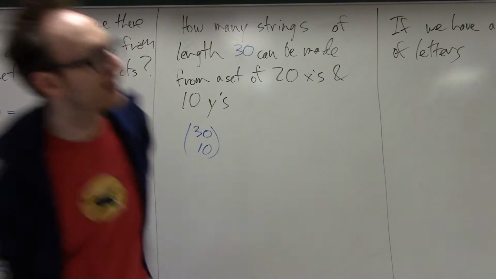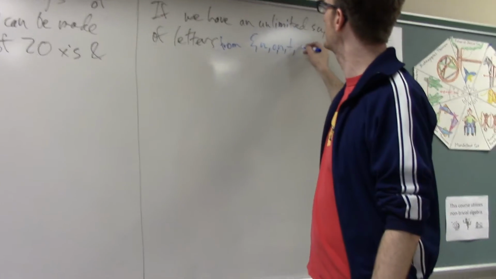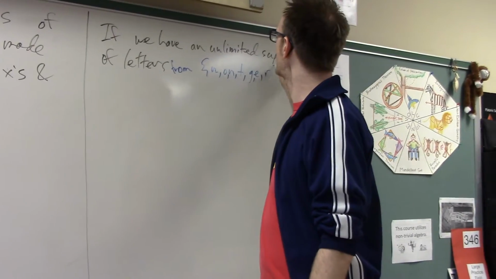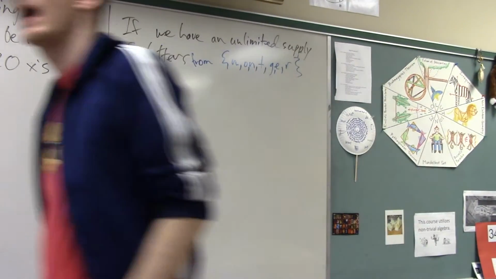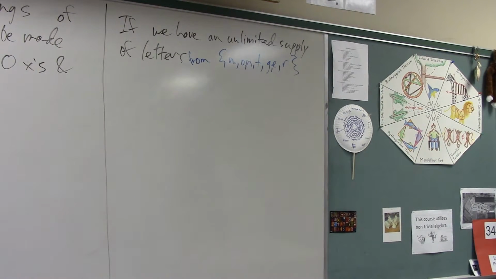Good? Okay, now here's the new thing, which if you haven't done math your whole life, you've never done this before. If we have an unlimited supply of letters from the set MONTGER, and I want to make strings of length 8 from that. No. How many ways are there?